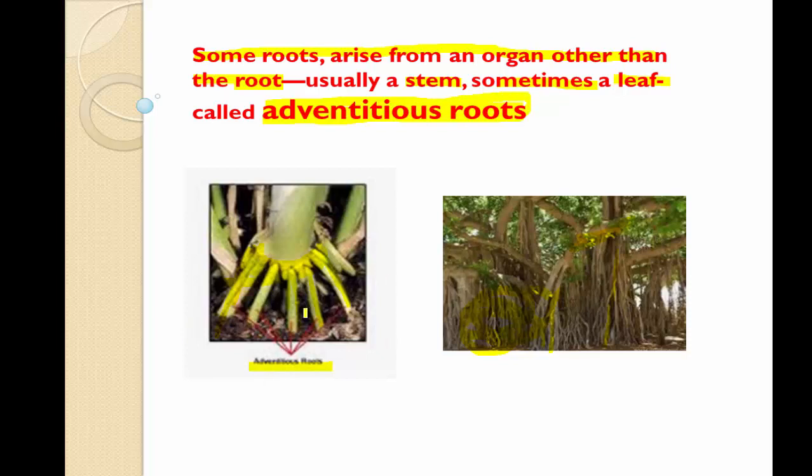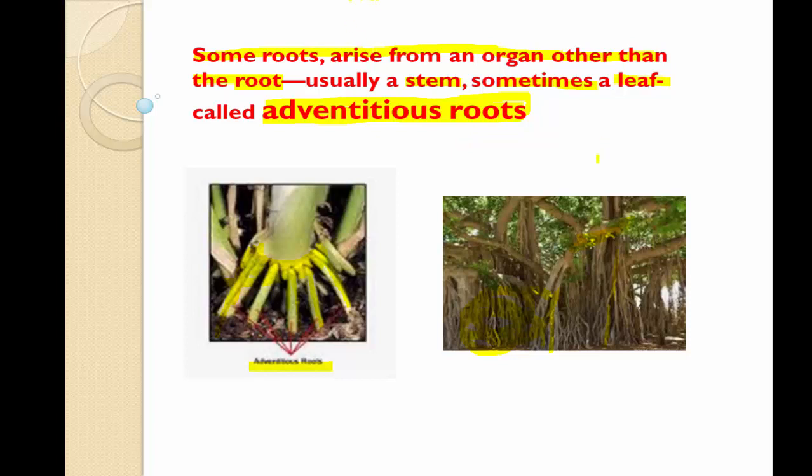If the root arises from other than radicle or other than any part giving rise to the development of root, such roots are called adventitious roots, and they are mainly produced for the purpose of mechanical support.